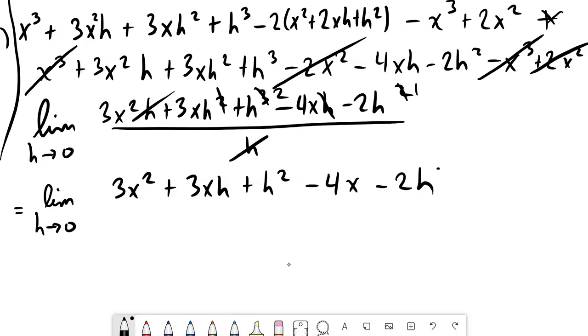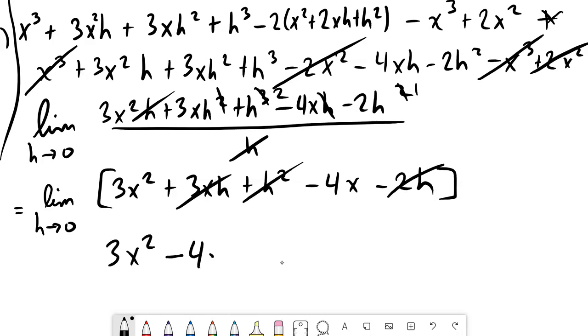Can we plug in h now? Yeah, we can just straight plug it in, because it's a polynomial, so it's continuous always. So it's 3x squared, this goes away, and this goes away, because they all have h, and anything times 0 is 0. So this is what the derivative is.